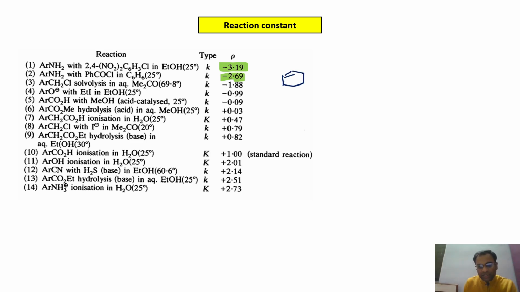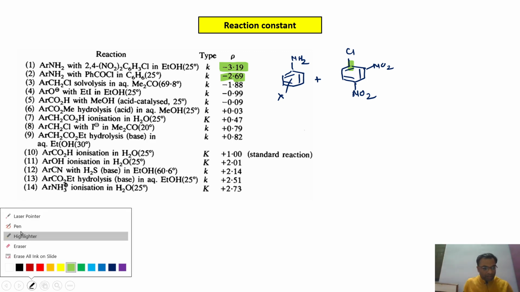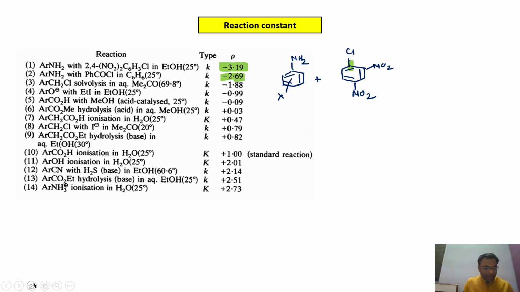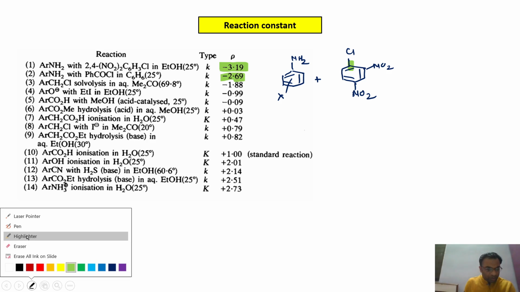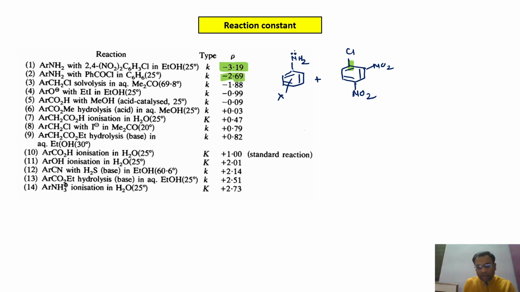The reason for this is that this electrophilic carbon has less positive character, and therefore more electron density is required to attack over here and to depart this chlorine group.